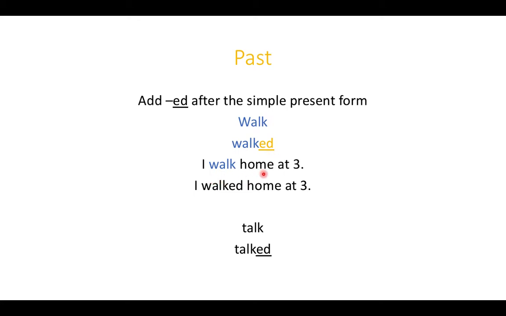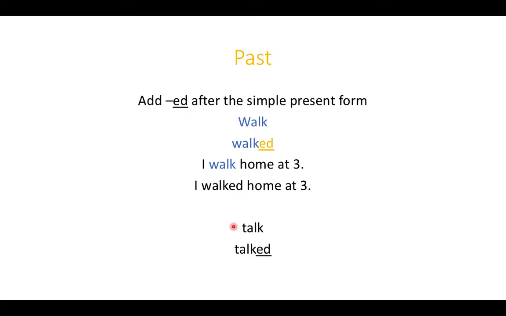So I walk home at 3, that one means I do it a lot. I walked home at 3 means that before right now, you walked home. So you were walking home before right now at 3. I walked home in the past.